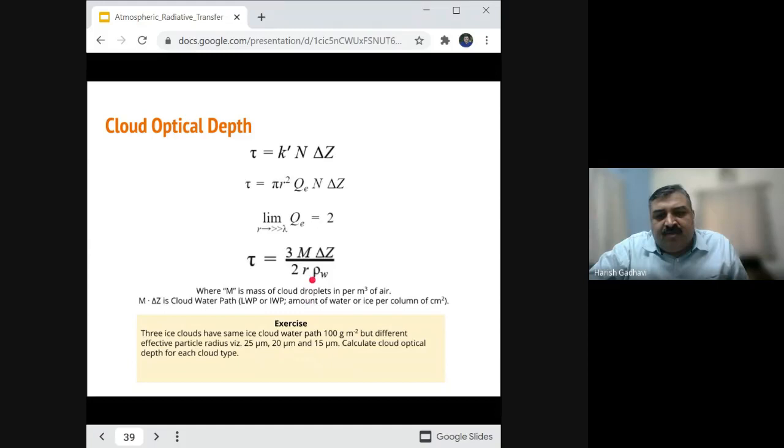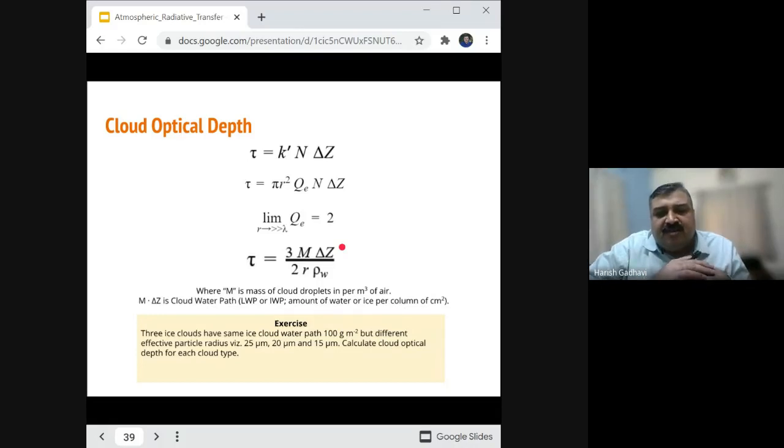Again, I remind you, what is the ice water path? Ice water path is m into delta z. Delta z is the physical thickness of the cloud. So if you multiply m into delta z, you get a quantity where, without knowing the physical thickness of the cloud, you can actually know the optical effect of this cloud.